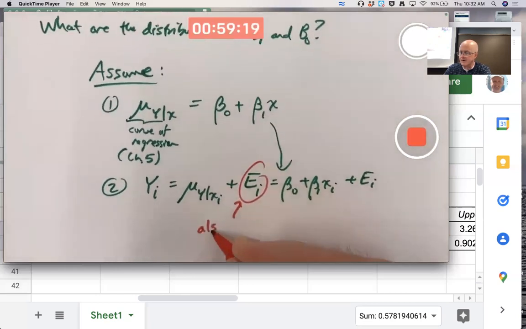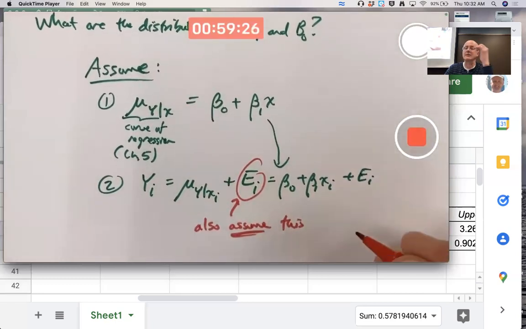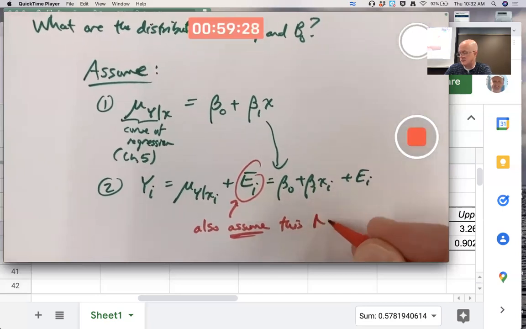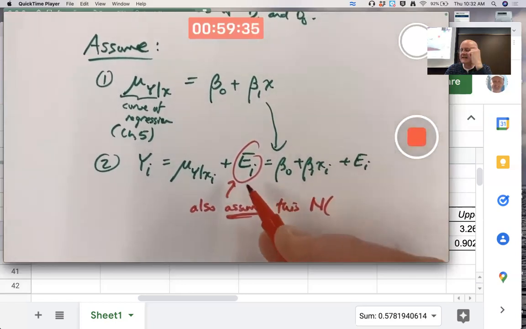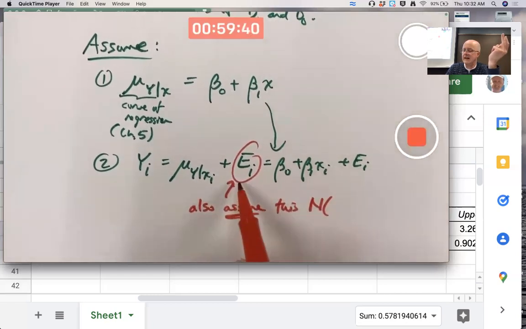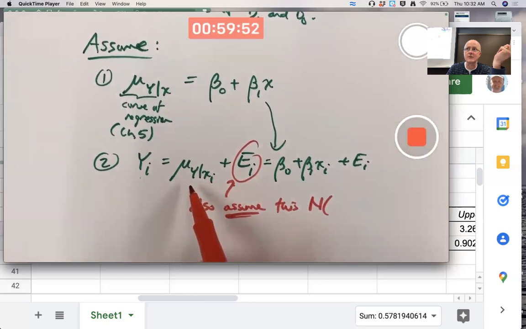Also, assume. Don't prove, assume. This has a certain standard distribution. It's going to be normal. With what mean and what variance? Capital Ei is acting like an error term, so to speak, in this equation, indicating that sometimes yi is above the mean of y for the given x, and sometimes it's below. Maybe about half the time it's above and about half the time it's below. That would be the simplest thing to assume.